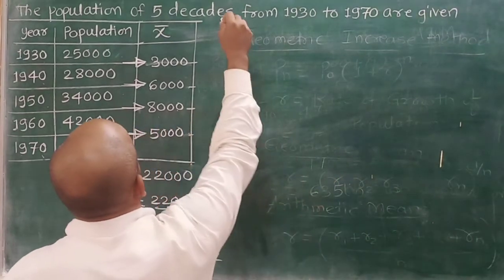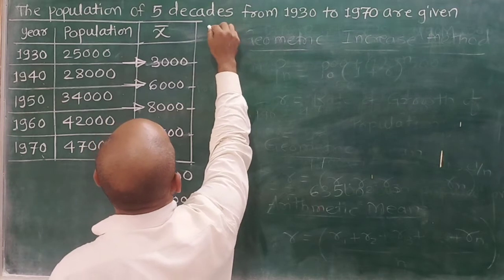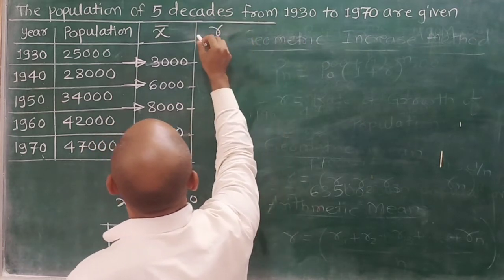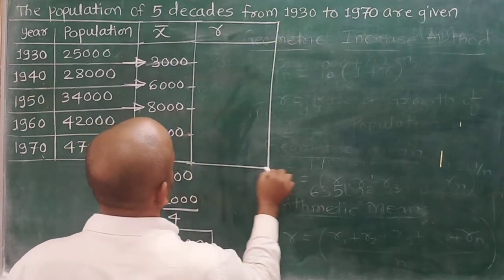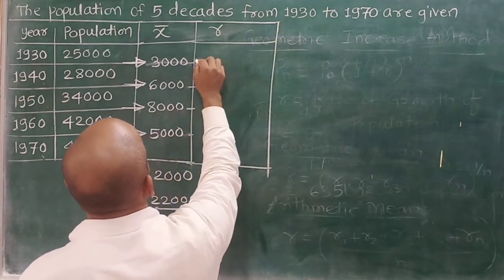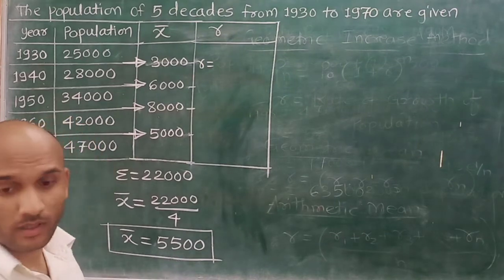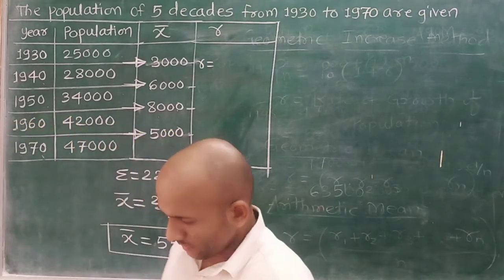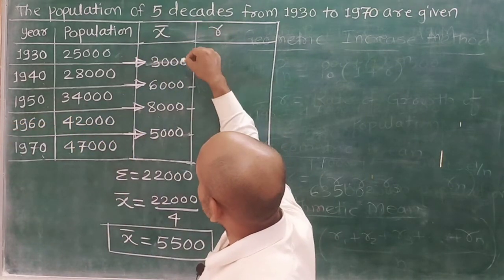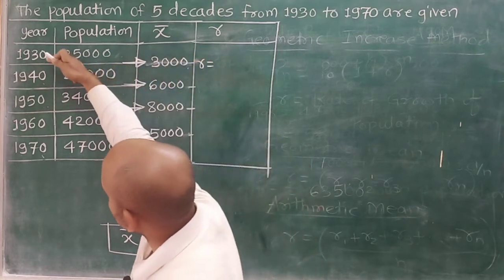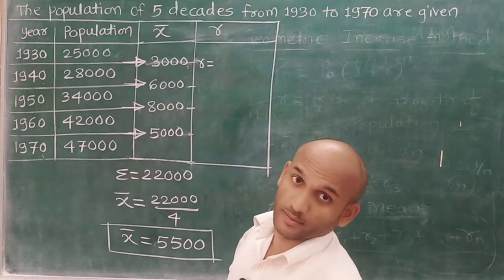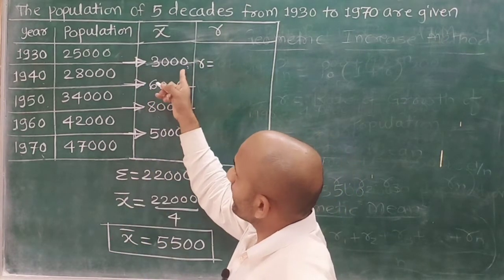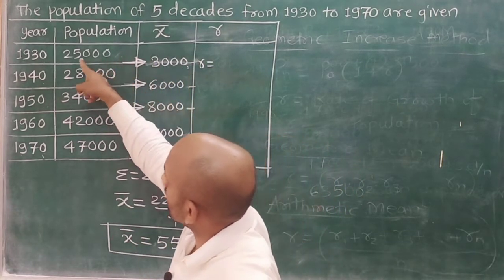Here again make one column, that is for determination of r. How to determine the r value? Here the increase in population in this 2 decades, 1930 to 1940, that is 3000, and this 3000 increase is over the population of 25,000.